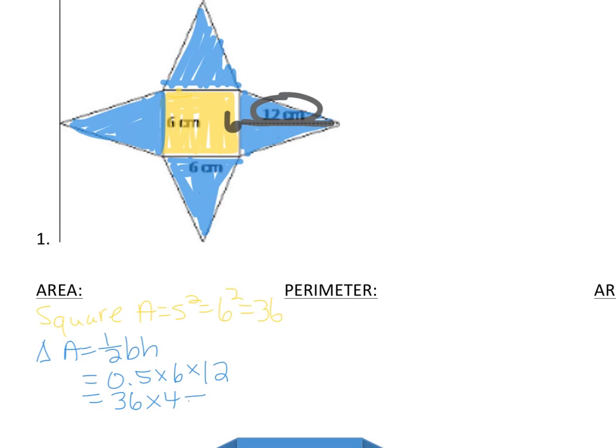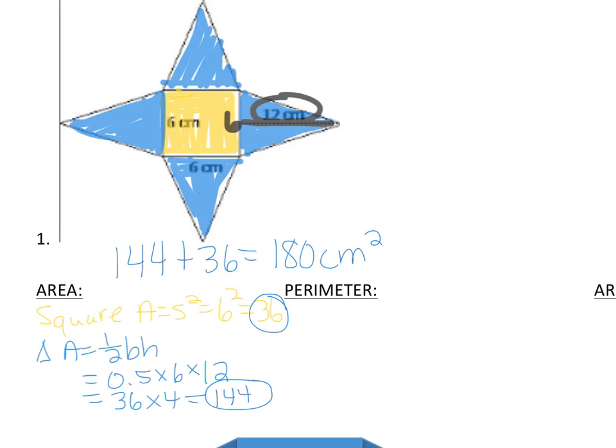And when I do that, I get 144. So now I need a total, so I'm going to add 144 and 36 together. So 144 for the area of the triangles plus 36 gives you 180 centimeters squared.